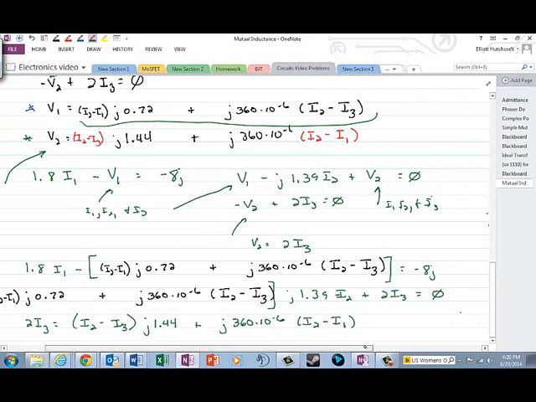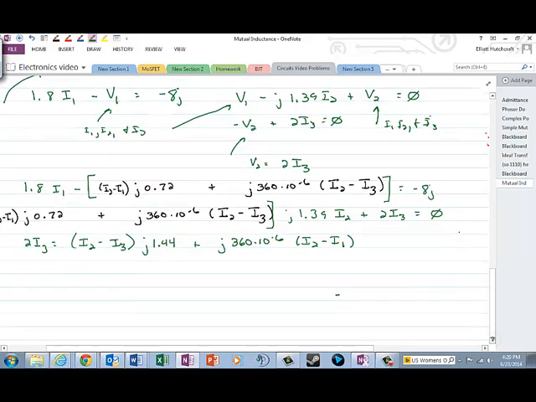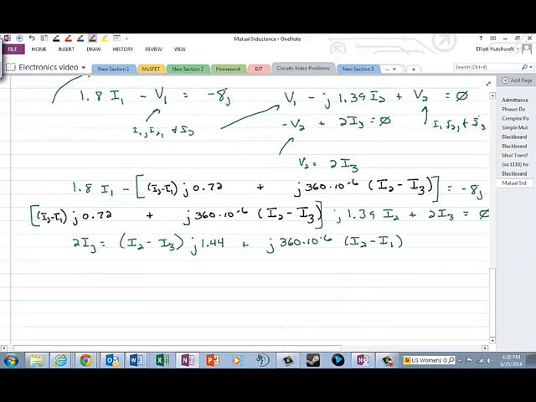So now you can see I've got three equations with I1, I2, and I3 as unknowns. So I should be able to solve for I1, I2, and I3.